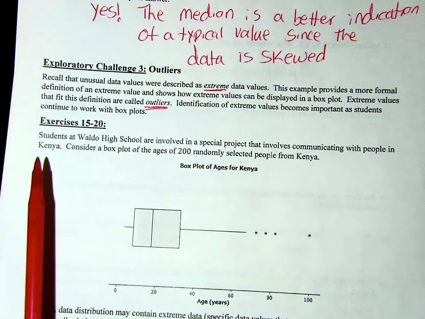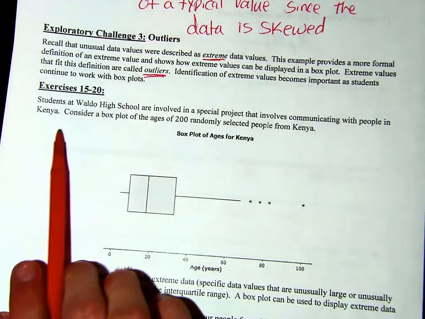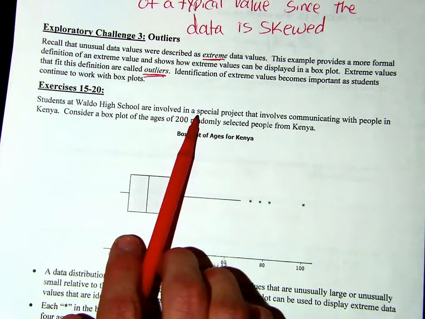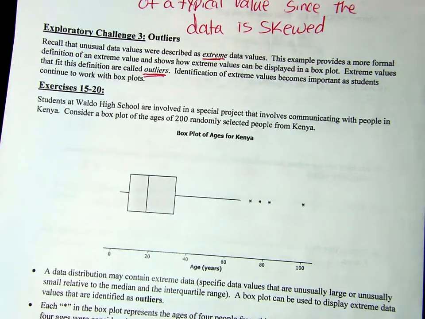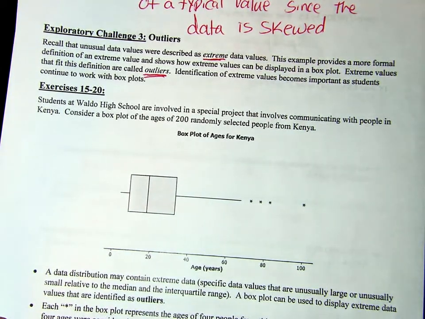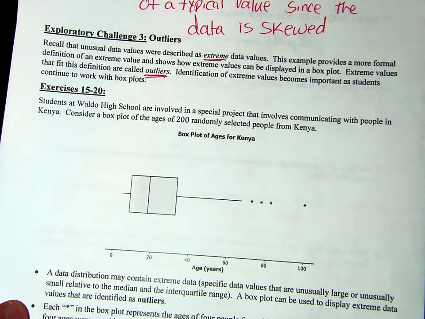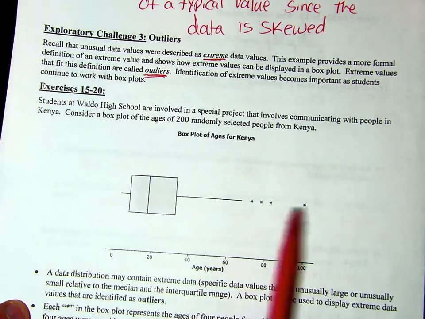So, exercises 15 to 20. It says, students at Waldo High School are involved in a special project that involves communicating with people in Kenya. Consider a box plot of the ages of 200 randomly selected people from Kenya. They gave us this dot plot right here, and we're given these starred values.